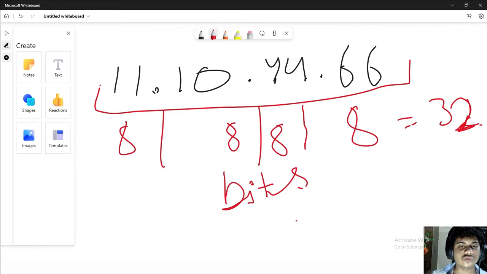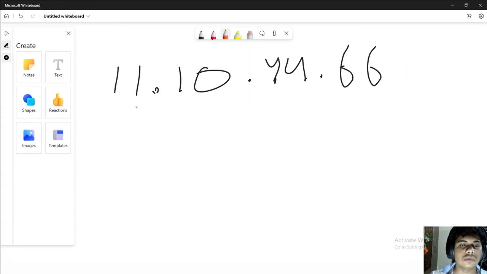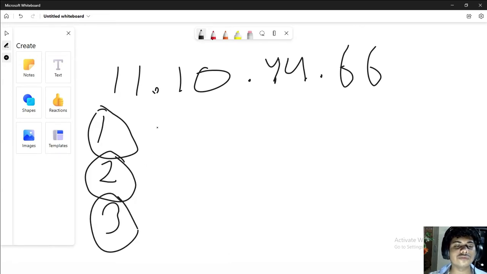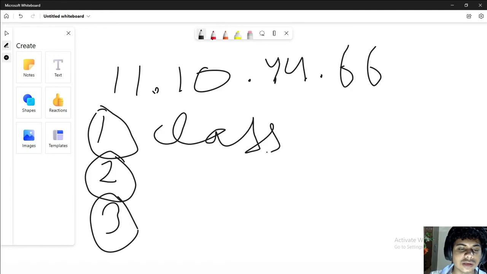Now my question was: how do we find the subnet mask of this IP address? First I have to rub this out. To calculate the subnet mask, you have to ask yourself three questions. First, which class does this IP address belong to?